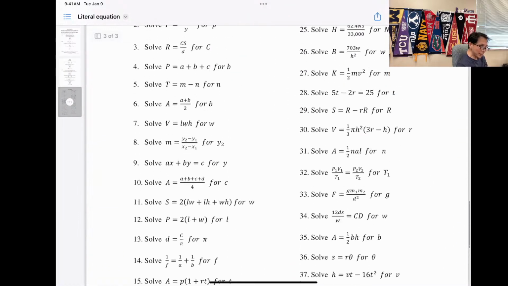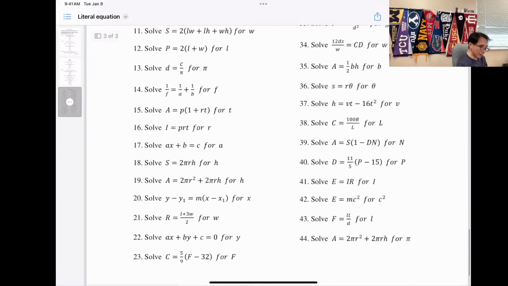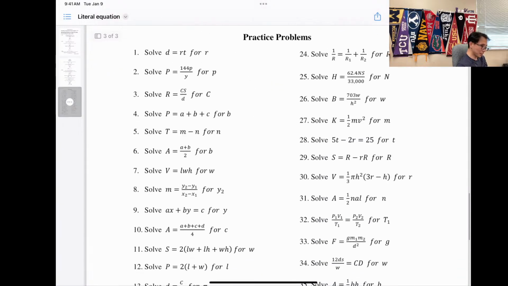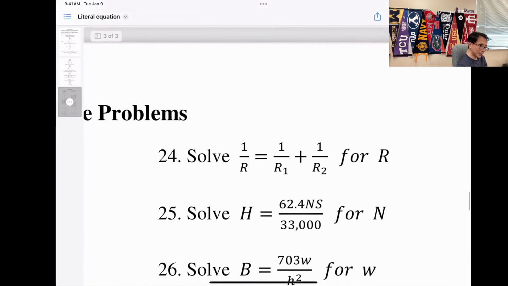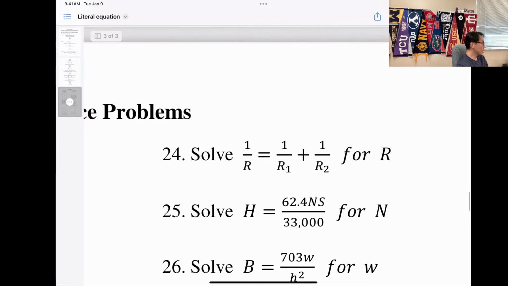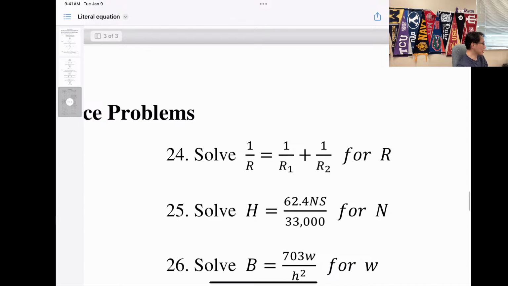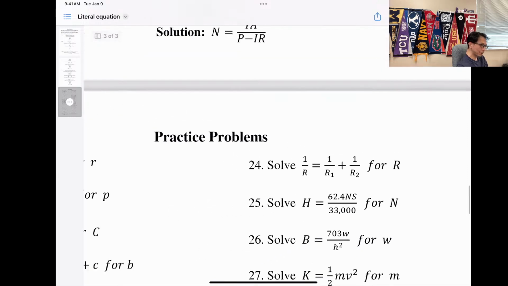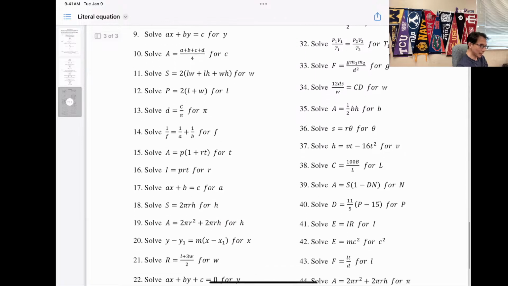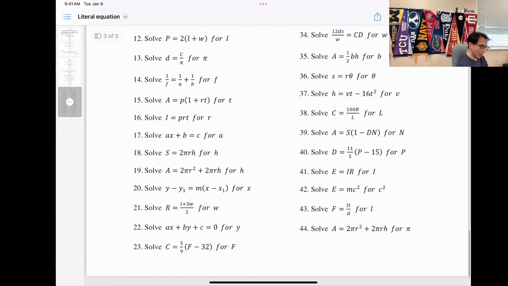But I only need you to do the odd problems. I know there are 44 problems, but I only need the odd ones. Something like this, R1 is one letter, R2 is one letter. By the way, this is in physics. This is actually a resistance equation for physics. So if you know how to do this, it's going to affect a lot of subjects.